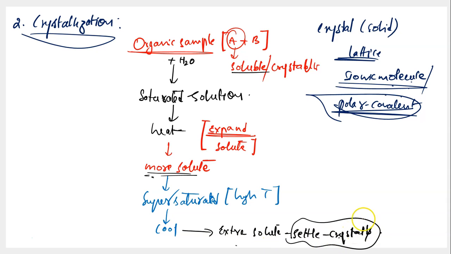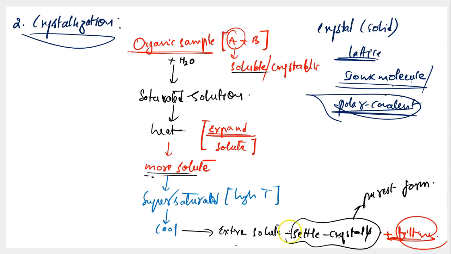And these crystals are the purest form of the solute that you have added. All the impurities or unwanted molecules that were present in your organic sample will remain in the liquid physical state itself. So you will have a residue and a filtrate, and this filtrate will contain all the impurities.